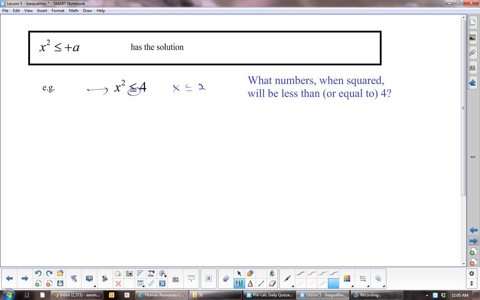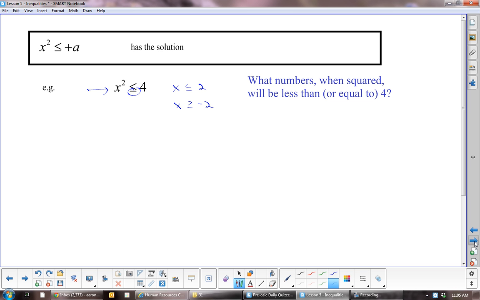And then x would have to be greater than or equal to negative 2.